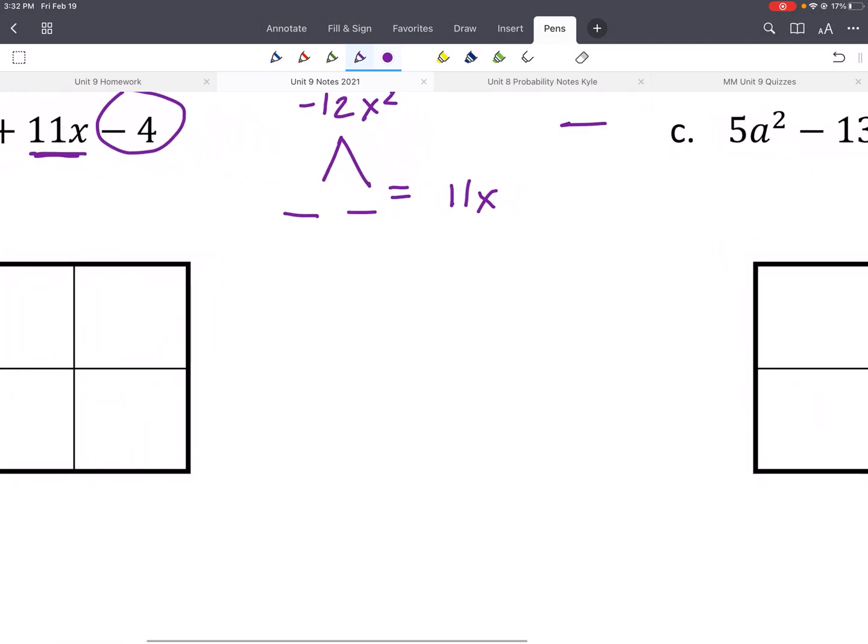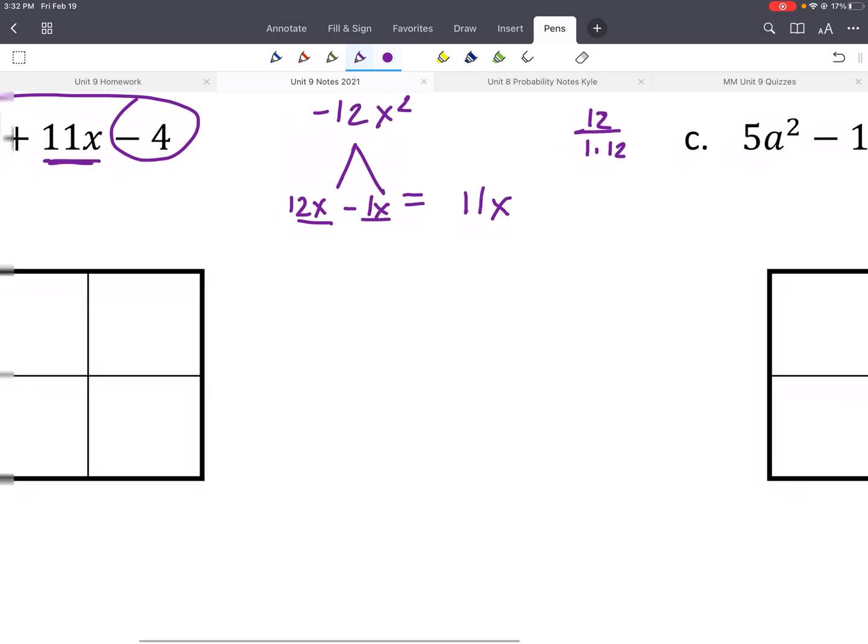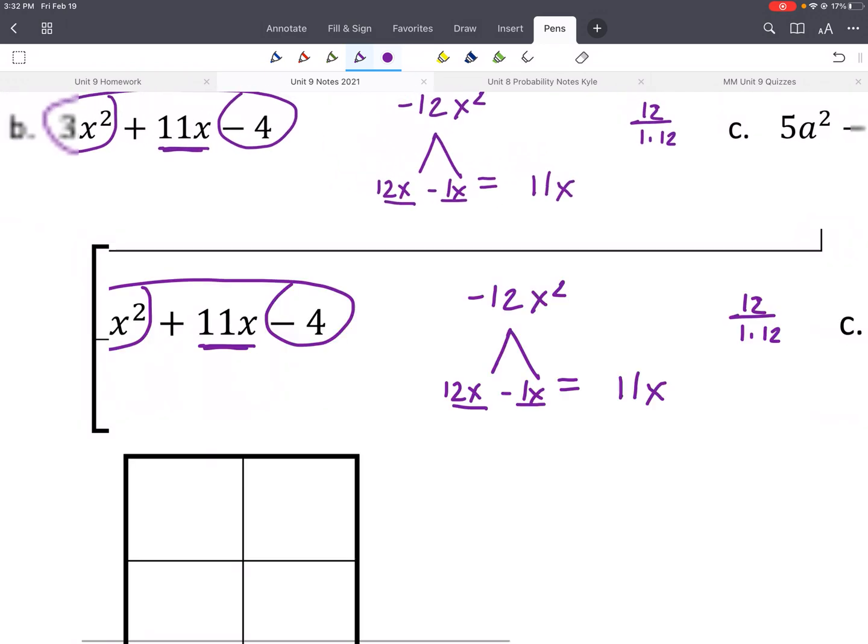If you're stuck, write down your factor pairs for 12, 1 and 12. And it looks like that would do it, actually. So maybe a positive 12x and a negative 1x. That would give us 11x, and if we multiply those together, it would give us the negative 12x squared. So now we found our middle term.